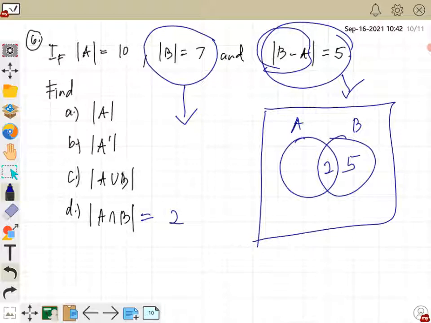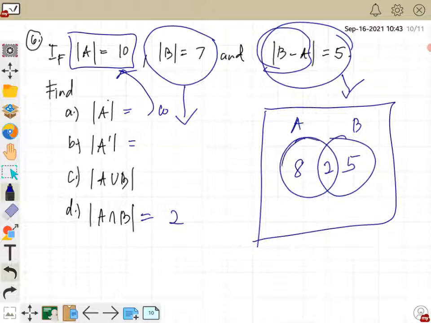Since the entire circle A is 10, and we already have 2, that makes us 8. This makes A only 8. A is of course the given, 10. So, A complement, meaning outside A. How many elements are outside A?